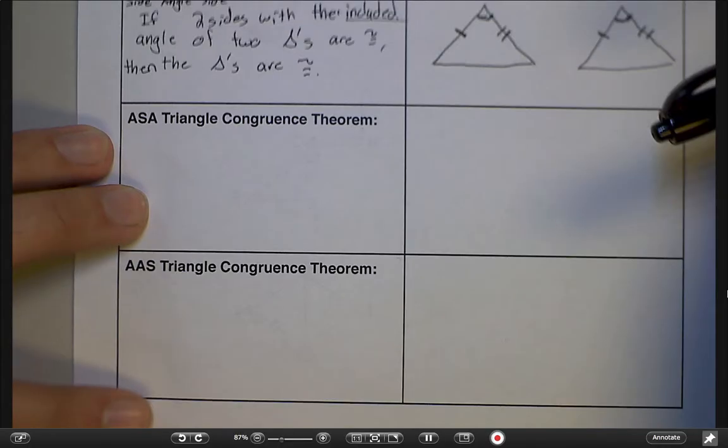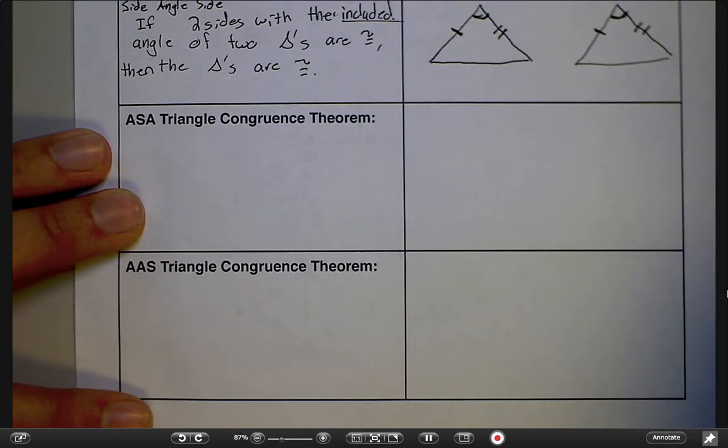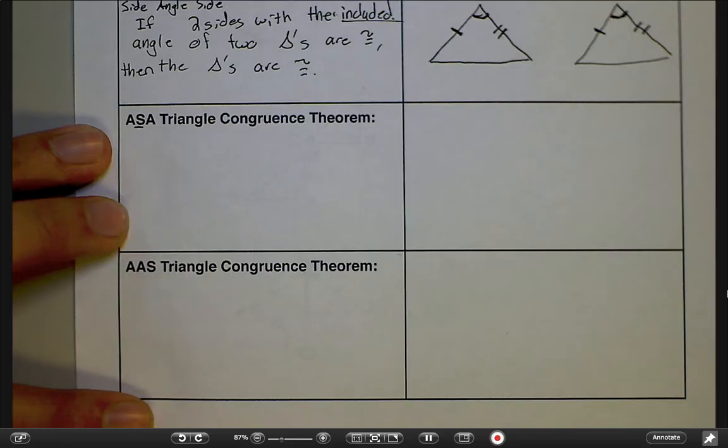Okay? Angle, side, angle is our next one, so ASA. Again, angles and sides, but this time the side is between the two angles.